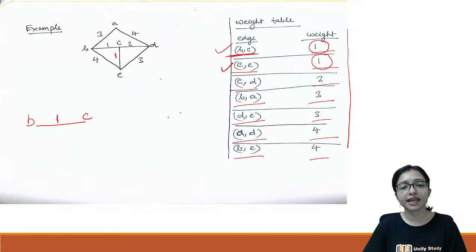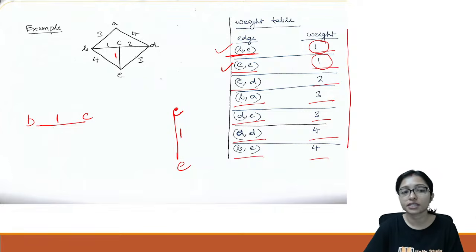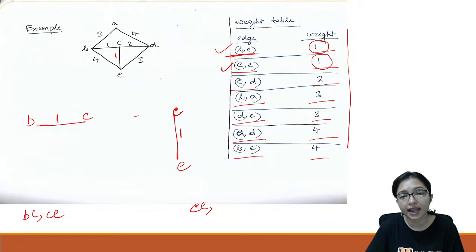Two possibilities are there, very important. You have to understand there are two possibilities, BC and CE. Then the sequence is BC, then CE, or CE can be the start. After that I can add BC.